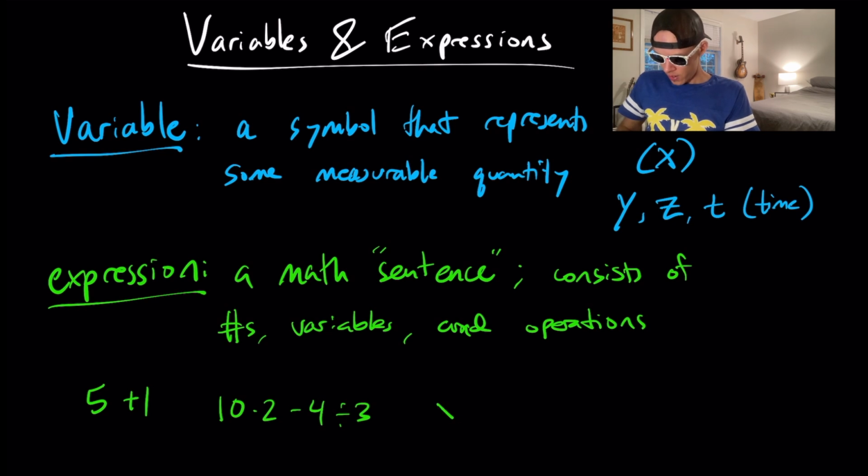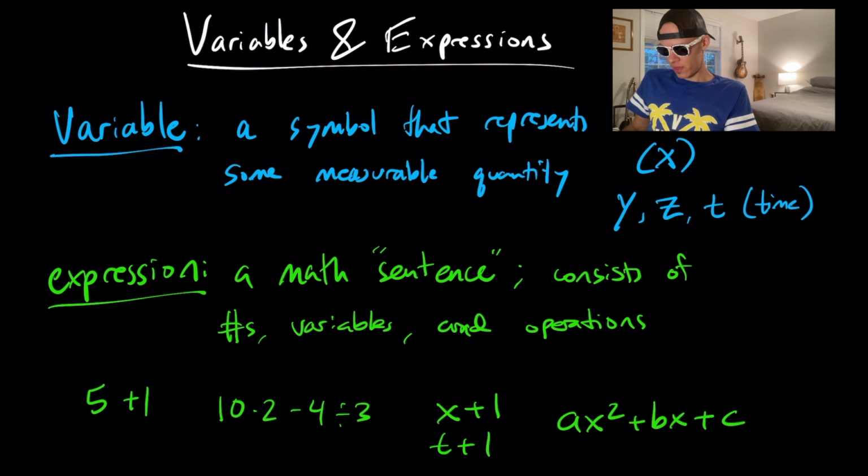We could even have x plus 1 or t plus 1, right? It doesn't matter what variable we choose. We could have an expression of just variables and operations, no numbers, and maybe it looks like this. Maybe it looks like ax squared plus bx plus c.